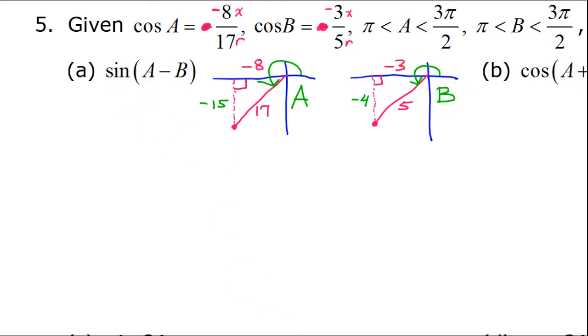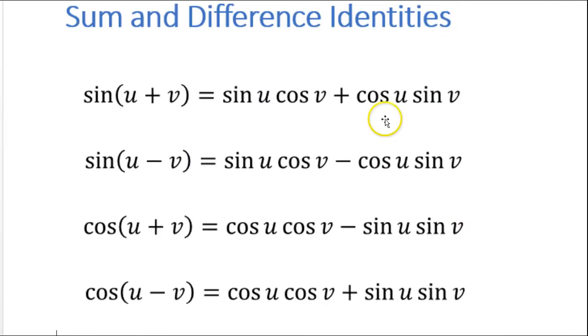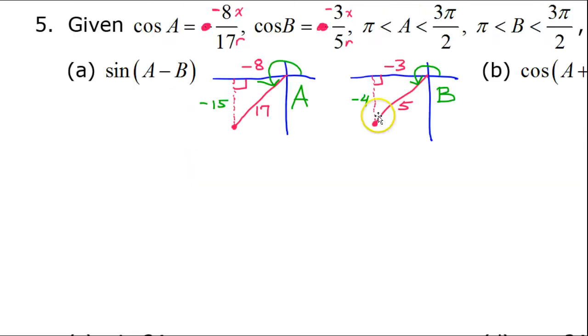Alright, so now we're just going to use our sum and difference formulas to set up expressions that we can evaluate. So the sine of a minus b. The way the formula goes is it's going to be sine, cosine, cosine, sine. So we're going to be doing sine A cosine B minus cosine B sine A. That's all we're going to be doing.